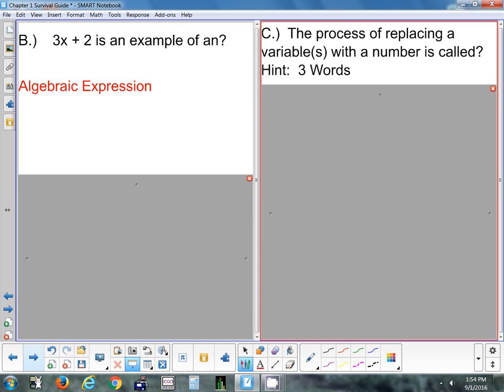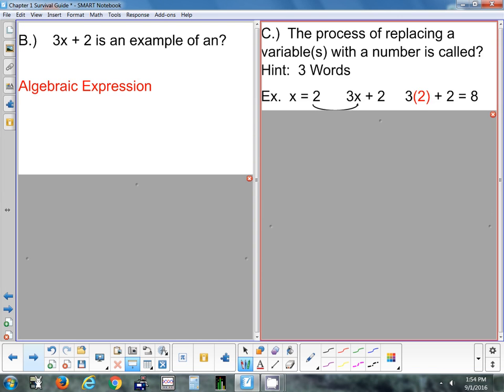And it's 3 words. Anybody remind me, what is 3x plus 2 an example of again? Yeah? Algebraic expression. That's an algebraic expression. And we're looking for a word that means when you plug something in and calculate a number. Anybody know? It begins with an E.